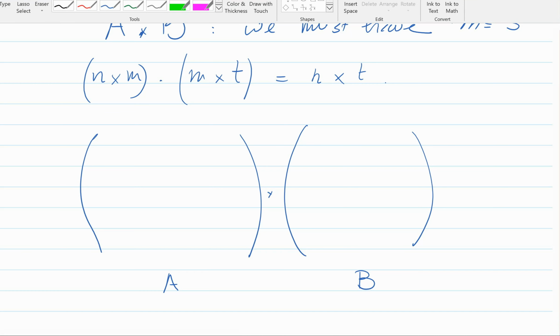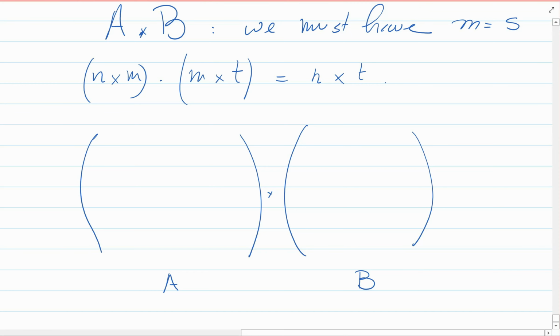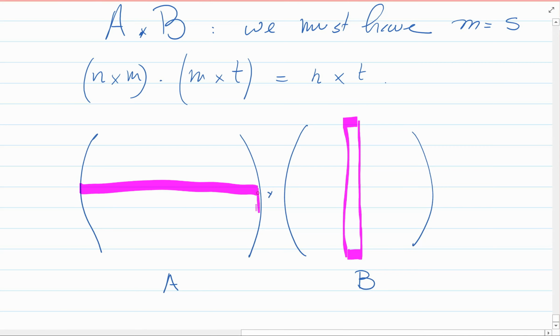Now, this is how it goes. We take a row here and we multiply it with a column. How many entries do we have in the row of A? It is the number of columns, which is m.